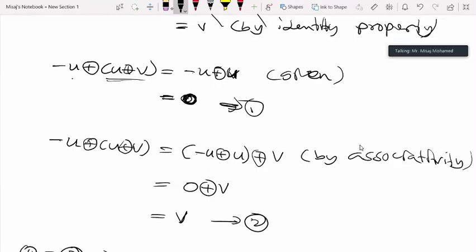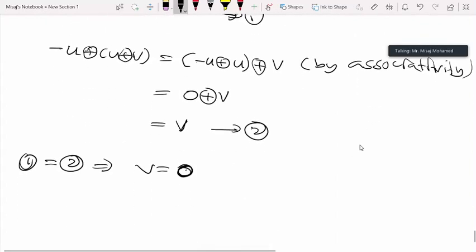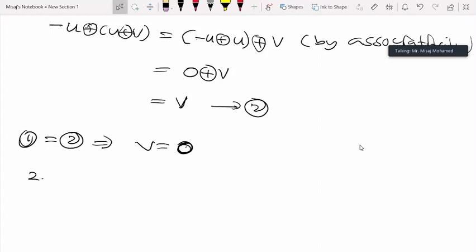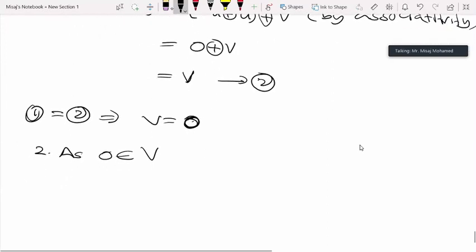Okay. Right. The part 2, the second proof. We know that 0 is the zero vector, 0 is in V, and 0 is equal to 0 plus 0. Is it okay? Zero plus 0. Okay.